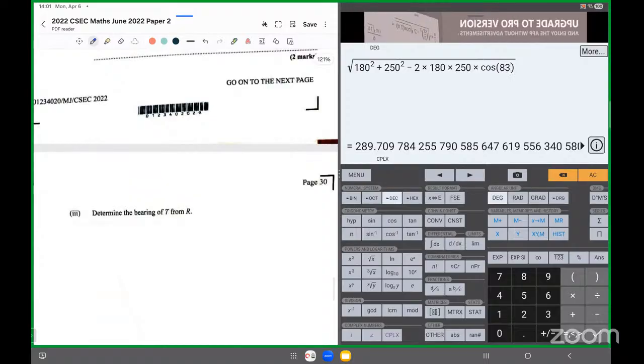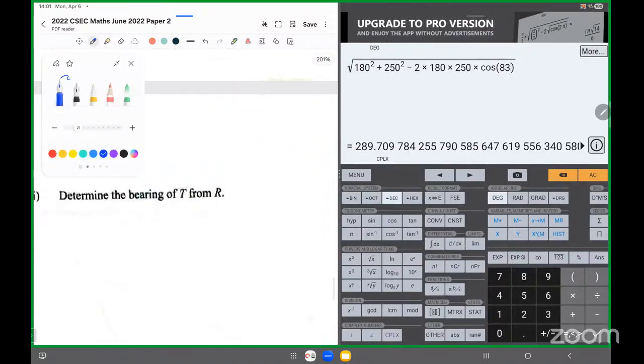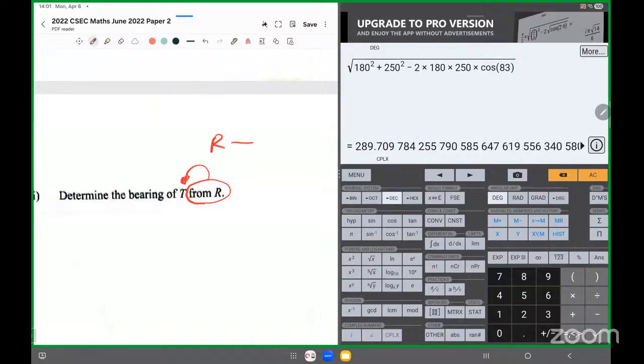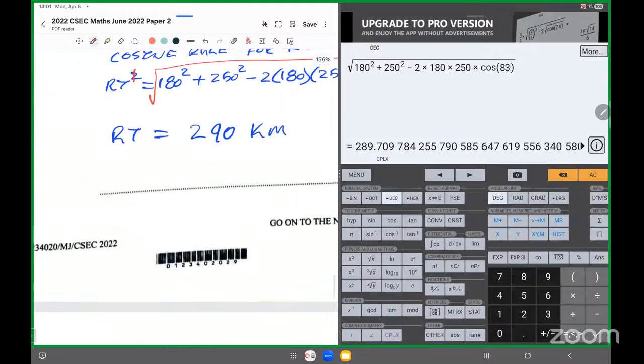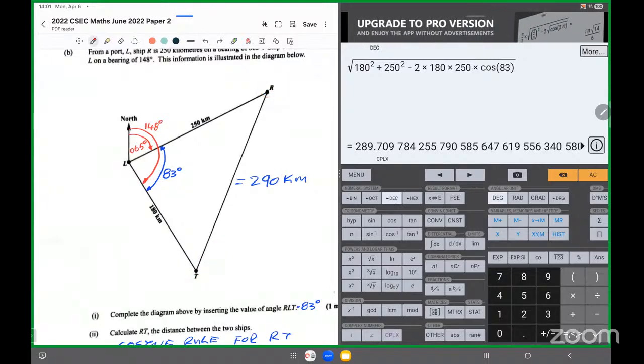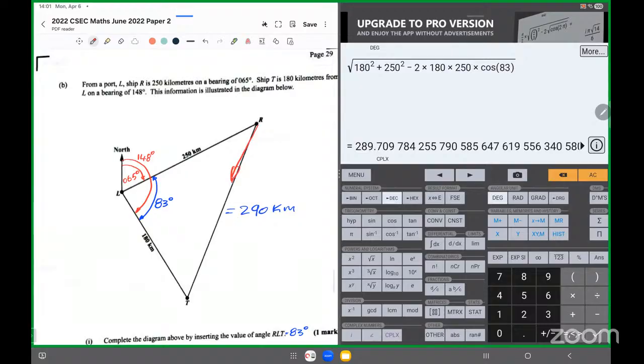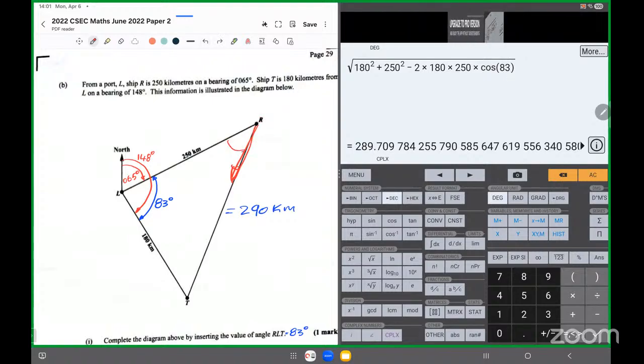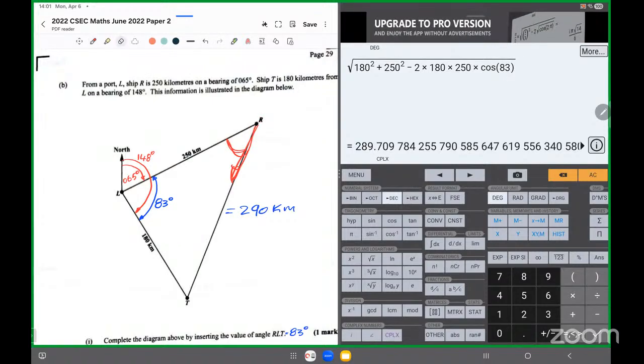All right, let's see what else I want us to do. I want us to find the bearing of T from R. Always note the bearing direction that you want. It's from R to T. Put it on the diagram: R down to T. So the bearing that you want is of this direction, R down to T. When you want the bearing from a point, the angle inside the triangle at this point will more than likely play a part in the calculation.